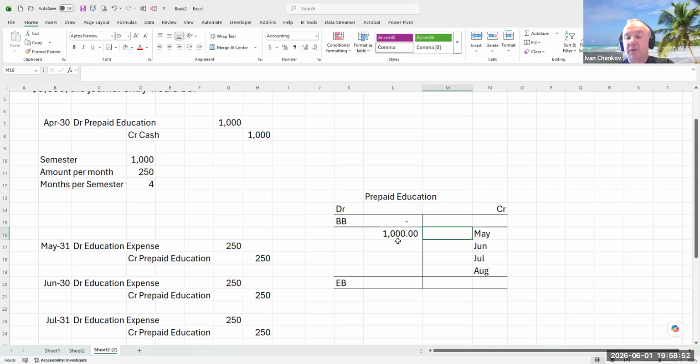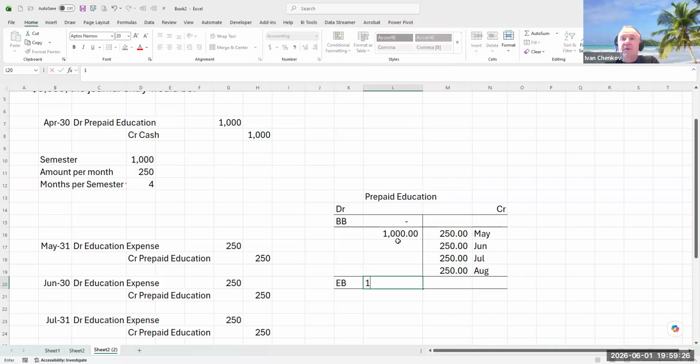Then in May, we deducted 250. In June, 250. In July, 250. And in August, 250. Now, how much is our ending balance at the end of August? Looks like 0, right? Well, it's not going to be 0. How much is it going to be? It's going to be 1,000.